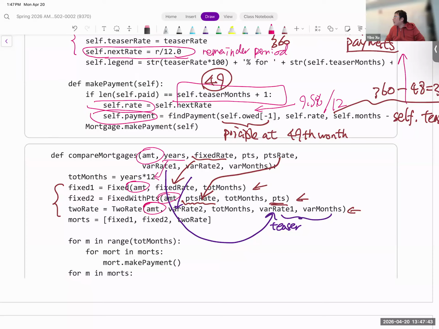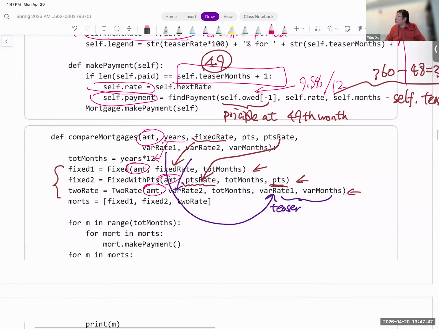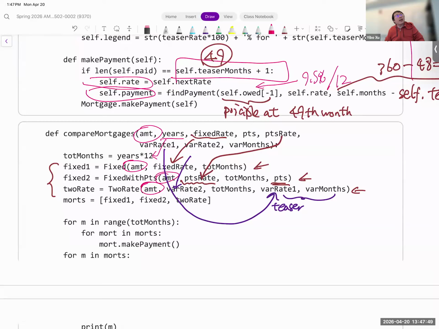So the next line, morts, is basically the list of mortgages. Remember the previous three lines: the first fixed one is the first mortgage, fixed term, fixed rate. The second one is another mortgage. The third one, two rates, is the third mortgage. So now you have three objects in a list.